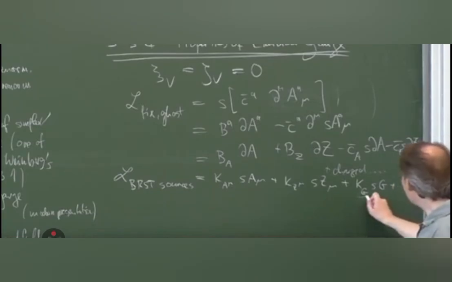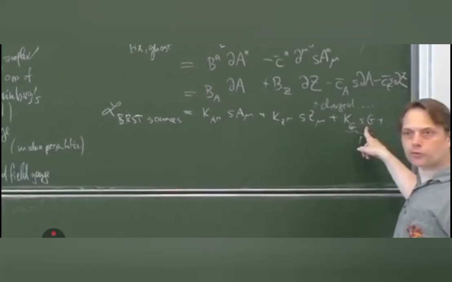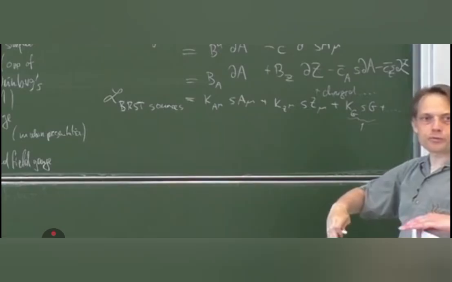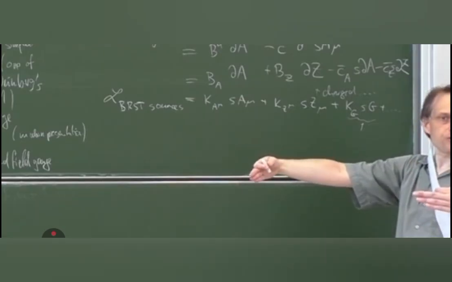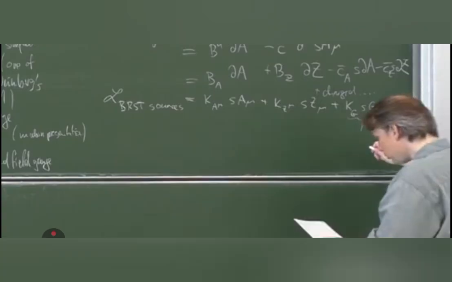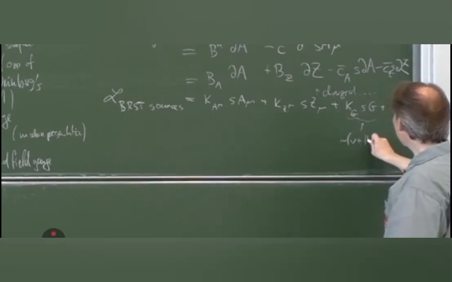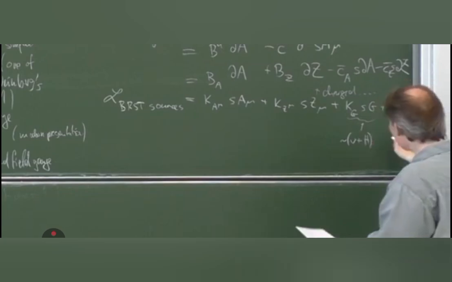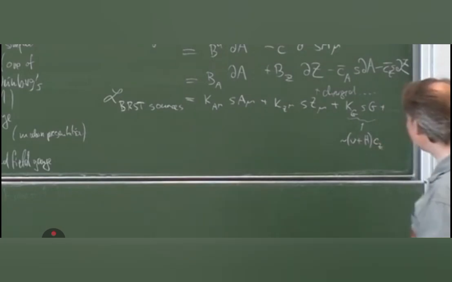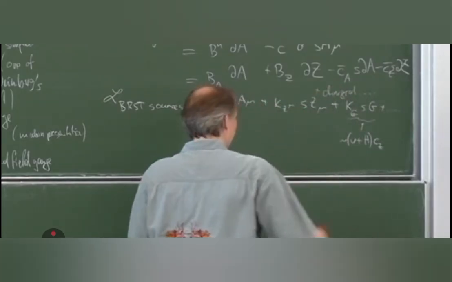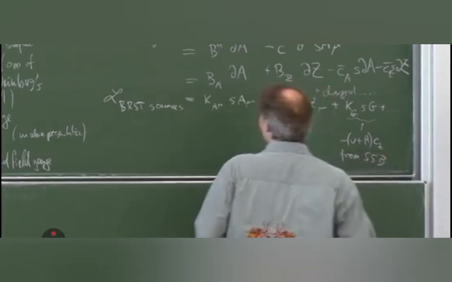I highlight this one because the BRS transformation of the Goldstone boson is the gauge transformation of the Goldstone. The Goldstone transforms into the vacuum expectation value of the Higgs. That is the point of a Goldstone boson. So this involves in particular the term vacuum expectation value plus Higgs times the Z boson Faddeev-Popov ghost. So that is the sign of spontaneous symmetry breaking.